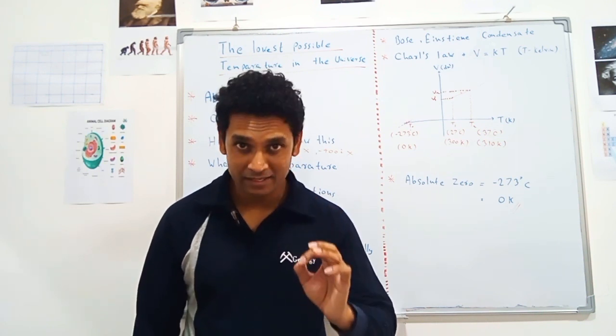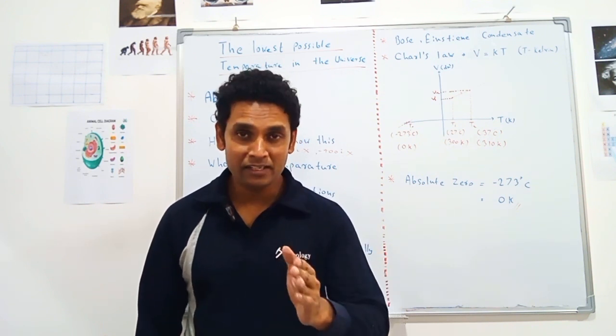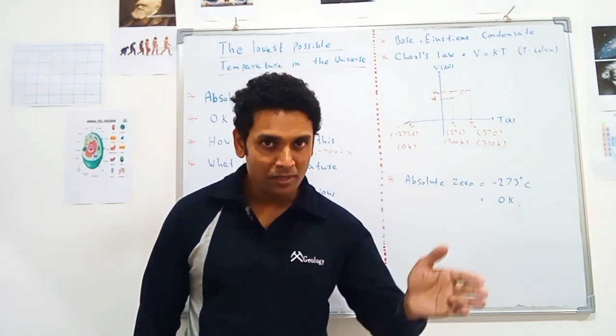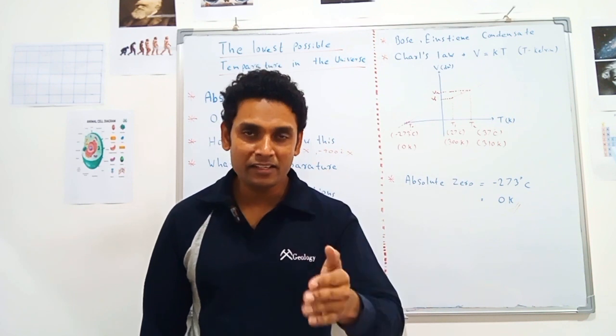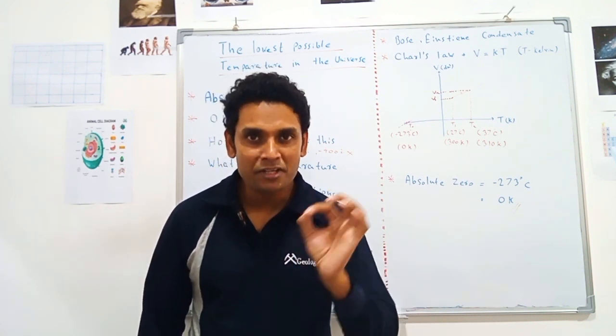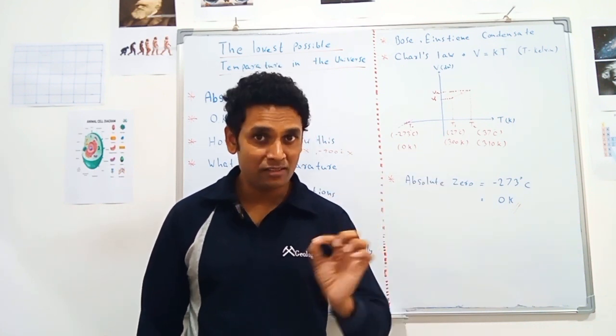It exists as a form of kinetic energy, and this form of kinetic energy is called particle vibration. So that kinetic energy exists in an object as particle vibrations, meaning the particles of the object are vibrating.